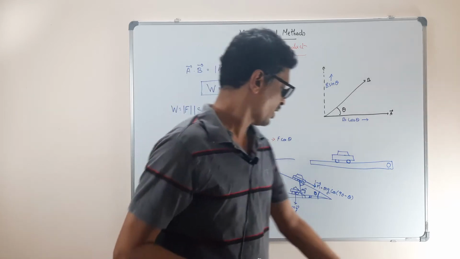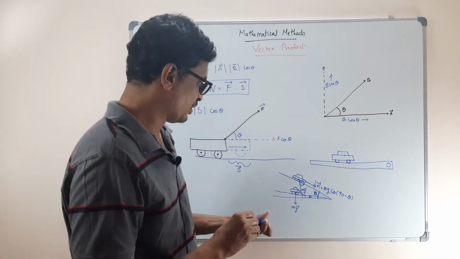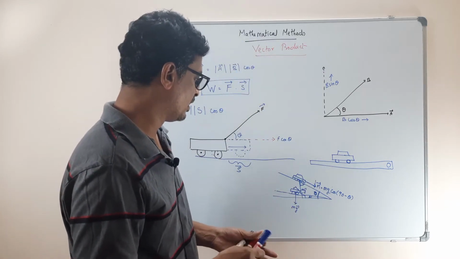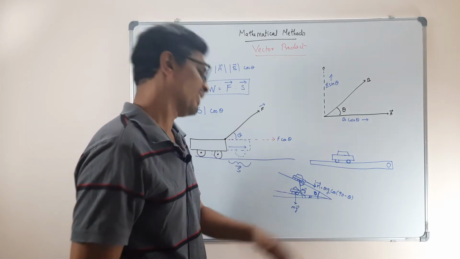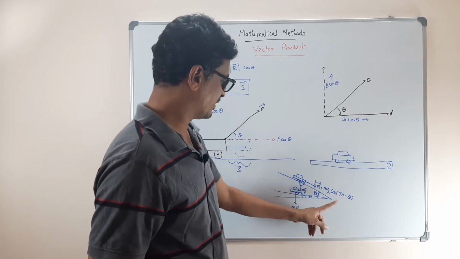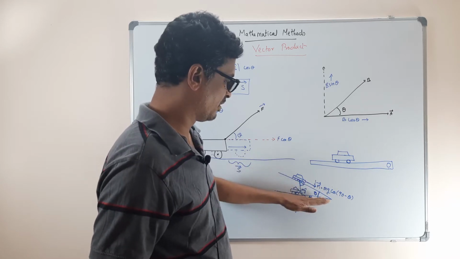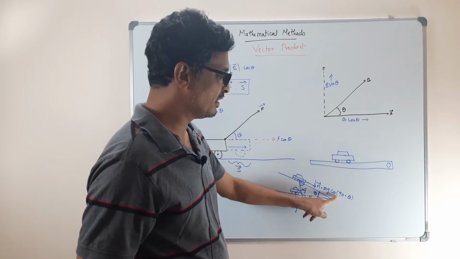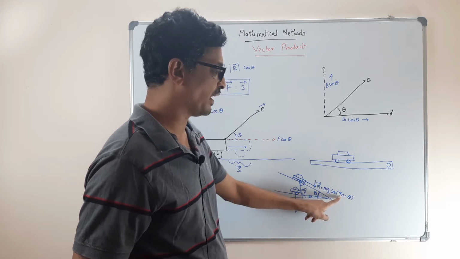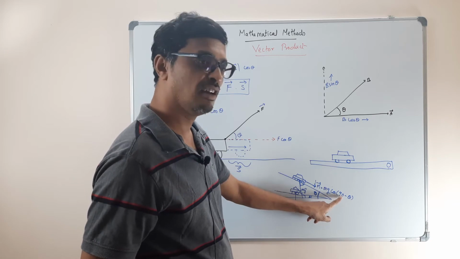Correct? Cos(90 minus theta) is sin theta, that you can do. When I keep it down, that means theta becomes 0. Correct? So what happened? Theta becomes 0, so cos 90, that will be what? 0.